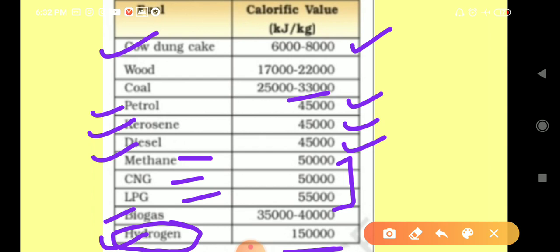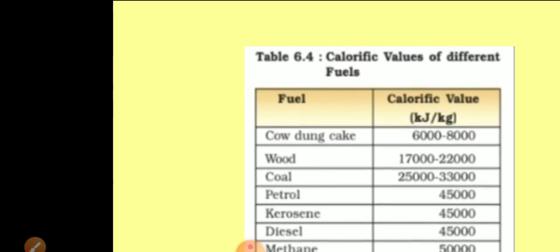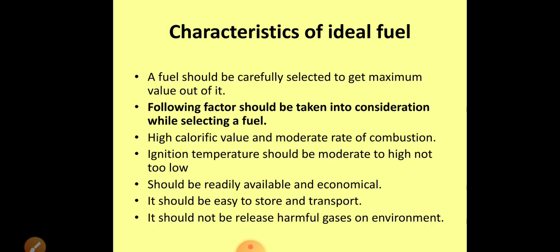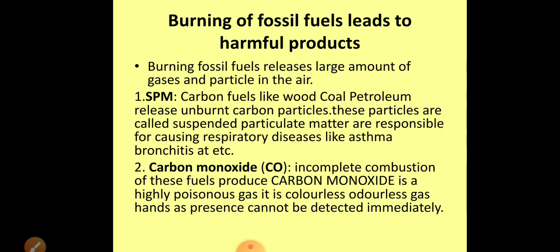We should take for our use such a fuel which can give moderate heat, or we can say which requires a moderate ignition temperature, right? And the calorific value also should not be too high. It should be moderate.